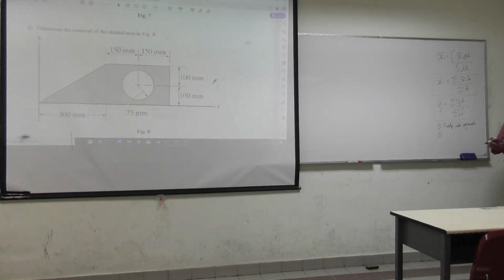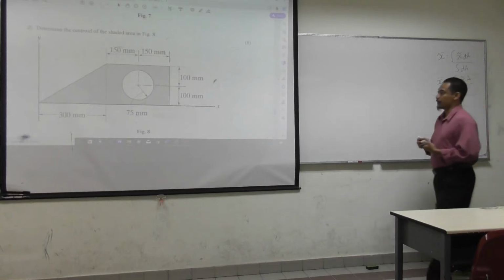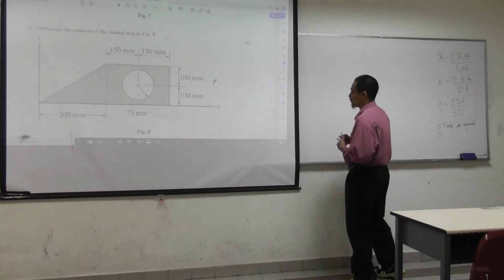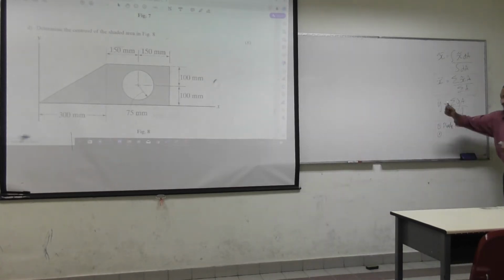Normally we expect you to answer in the form of a table for this kind of question because, okay, what is needed? This question asks for centroid, right? What will be the final answer in terms of what? X bar, Y bar. Meaning that what you have to plug into the equation is summation of A, summation of X with A, and summation of Y with A. Those are the three components you need, right?